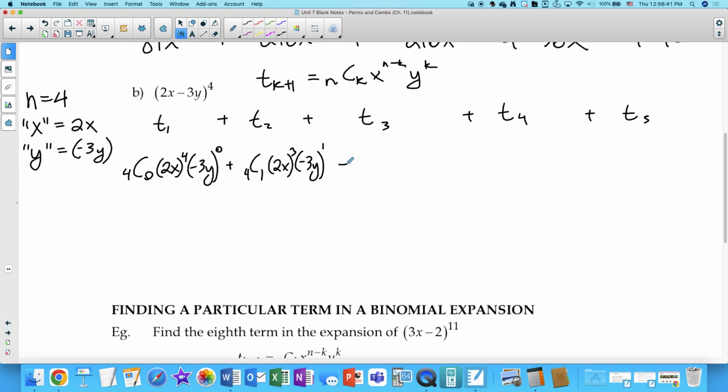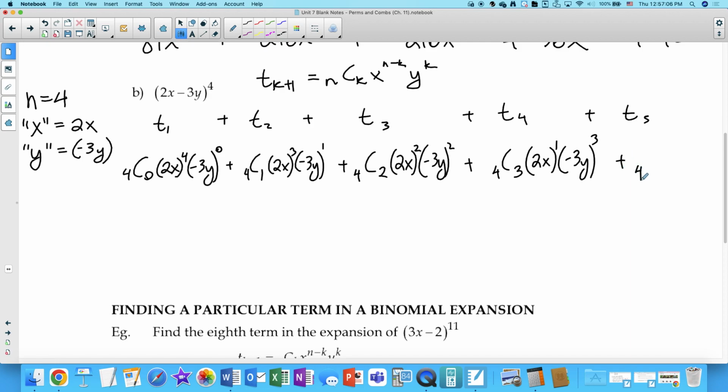The third one will be 4 choose 2 times 2x squared times negative 3y squared. 4 choose 3 times 2x to the 1 times negative 3y cubed. And then finally, 4 choose 4 times 2x to the 0 times negative 3y to the 4.